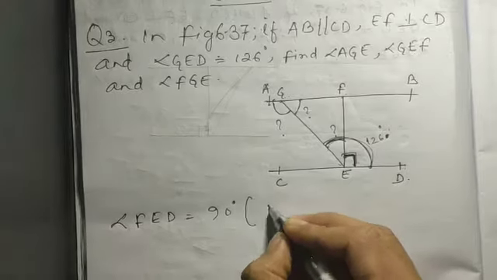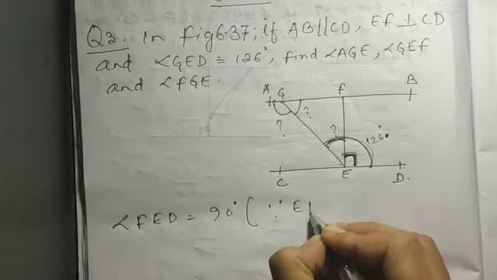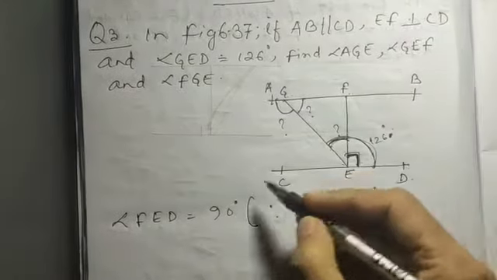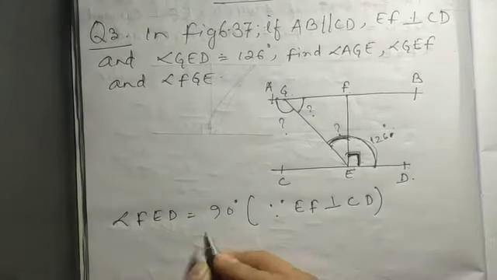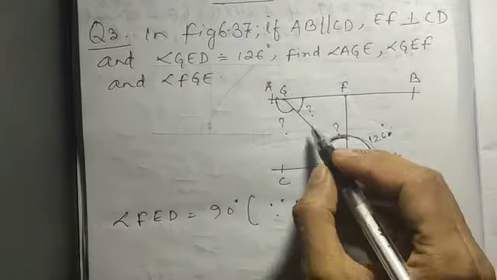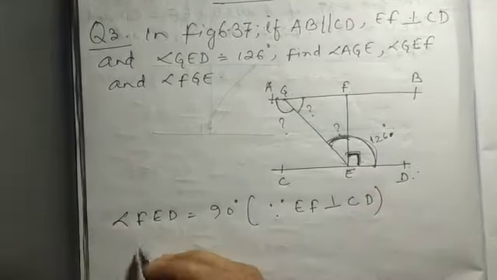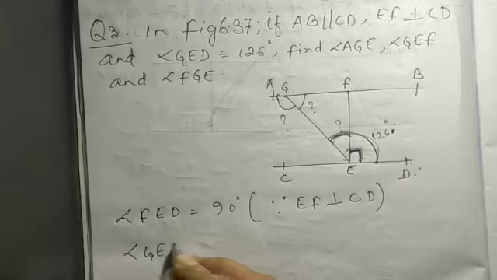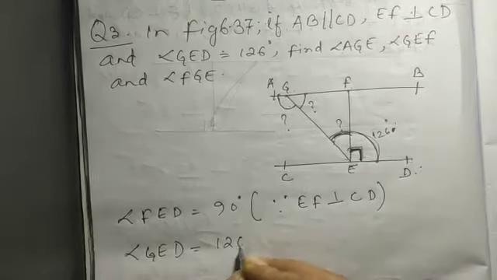Why? Since EF is perpendicular on CD. So given angle GED is equal to 126 degrees.